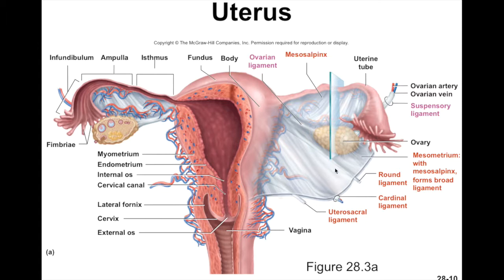You have the round ligament, which is very common to have round ligament pain when you're pregnant. All right, this kind of sits right in the gap where your hips are. You also have the cardinal ligament, the uterosacral ligament, and the mesometrium. We'll talk a little bit about these in class.